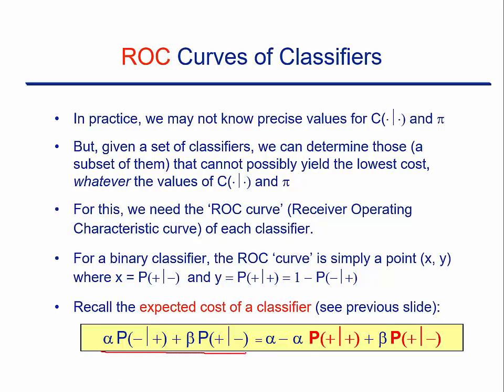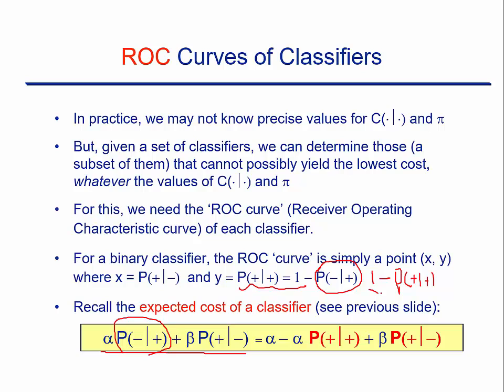As in the last slide, this probability is equal to 1 minus the probability of making true positive predictions. So we can replace the probability of making false negative mistakes with 1 minus p(plus|plus).